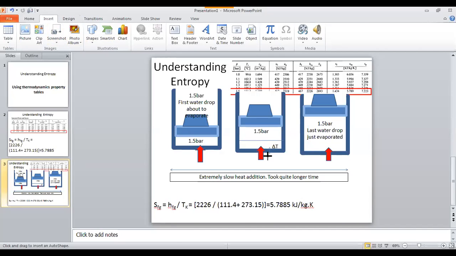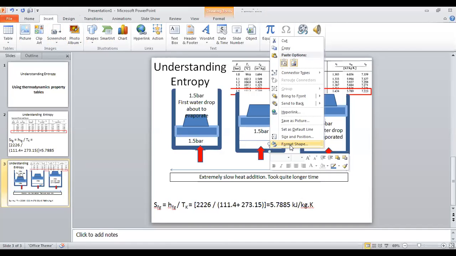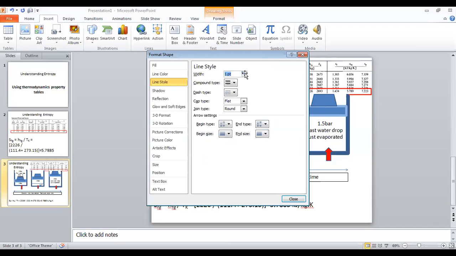At the heat transfer, I just mark this delta T to make it more visible.